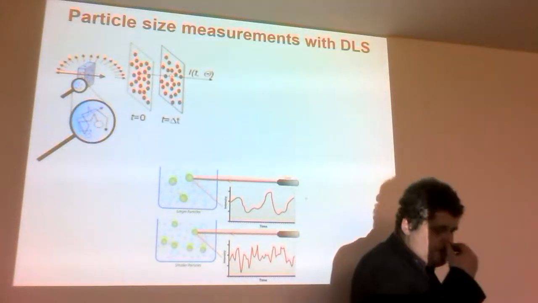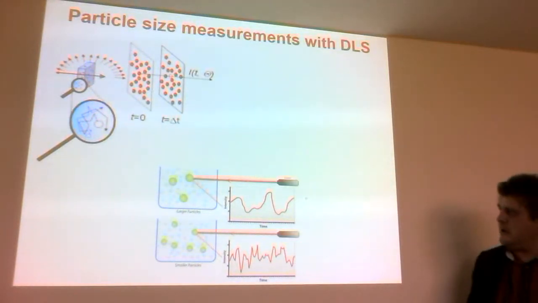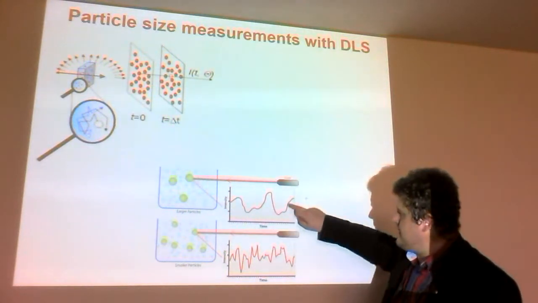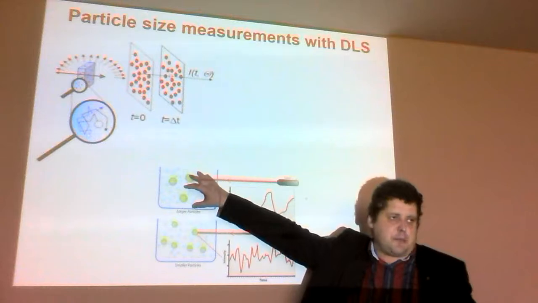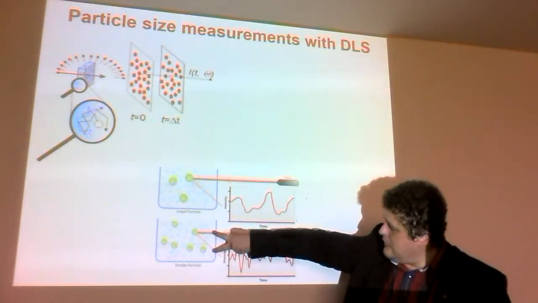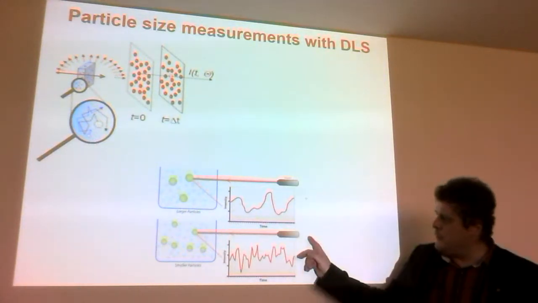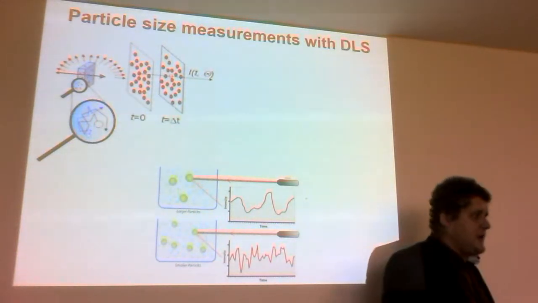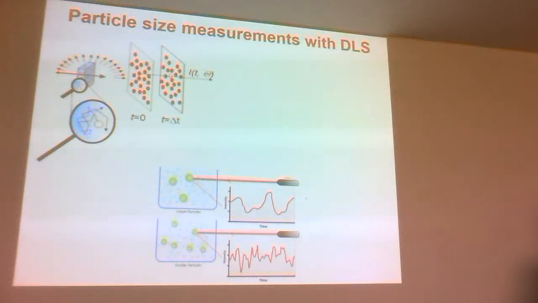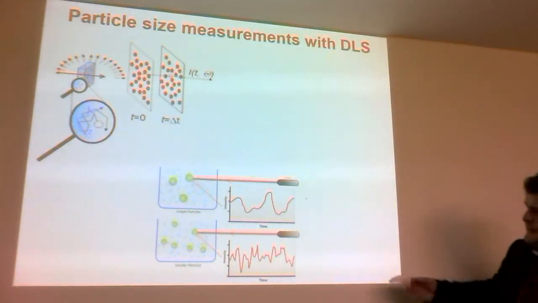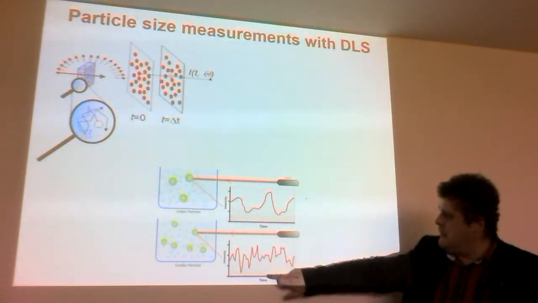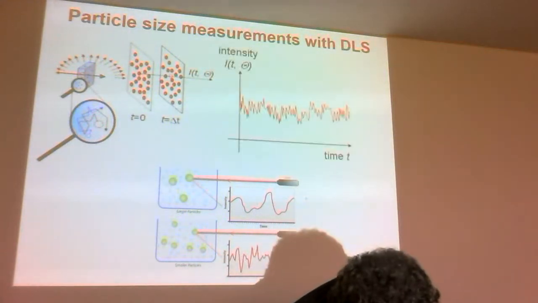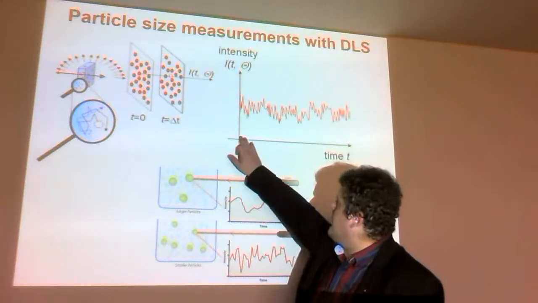In other words, we illuminate the tissue, and on the detector we see the intensity fluctuations. With big particles we see intensity fluctuations, and with small particles illuminated by light we also see intensity fluctuations. The question is how different these fluctuations are. From that picture we are not able to say for sure what the difference is, and that is what we really want to measure.